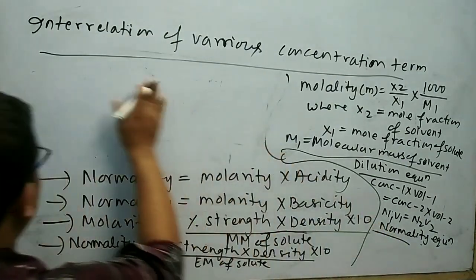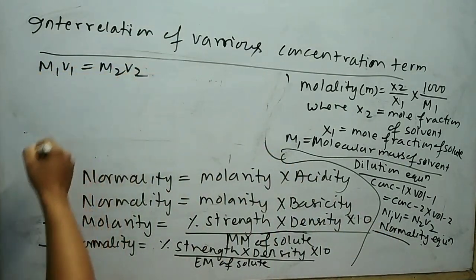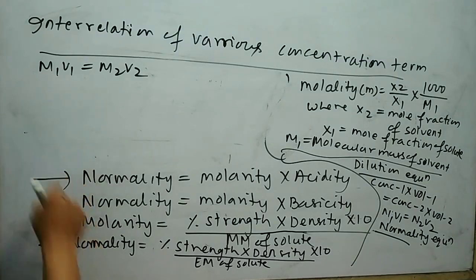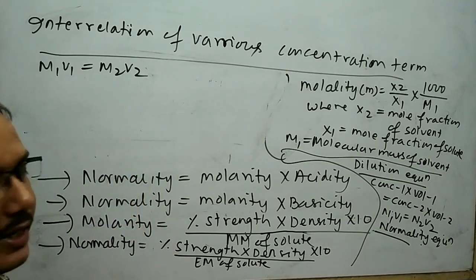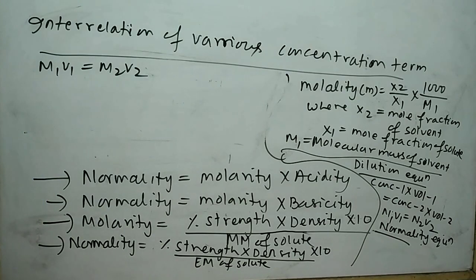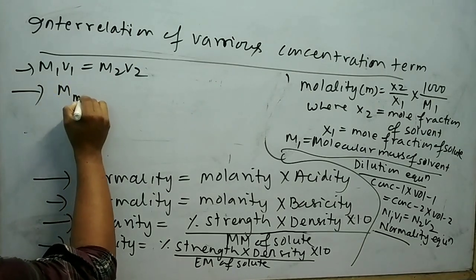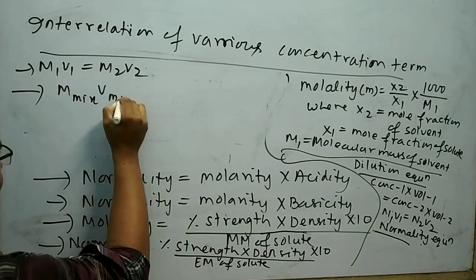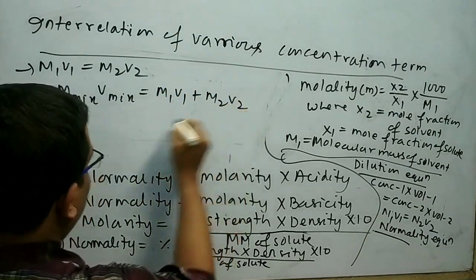Like this, I can also write M1 V1 equal to M2 V2. If M1 is the molarity of acid, V1 is the volume of acid, then M2 is the molarity of base, V2 is the volume of base. I can also write another formula M mix into V mix equal to M1 V1 plus M2 V2.